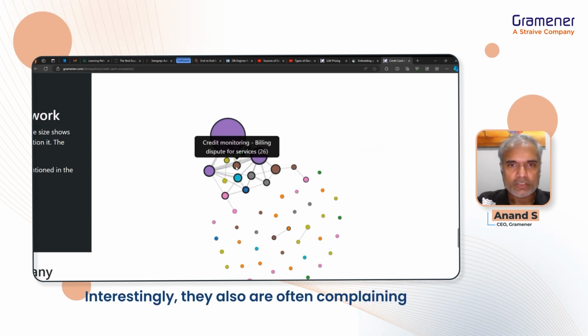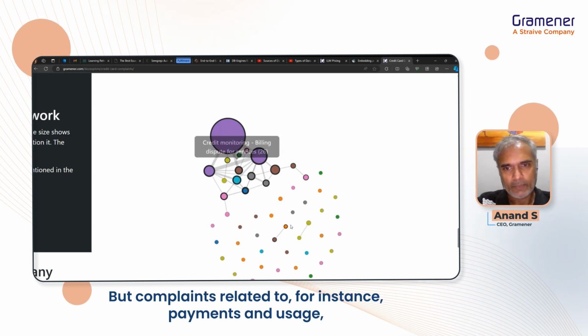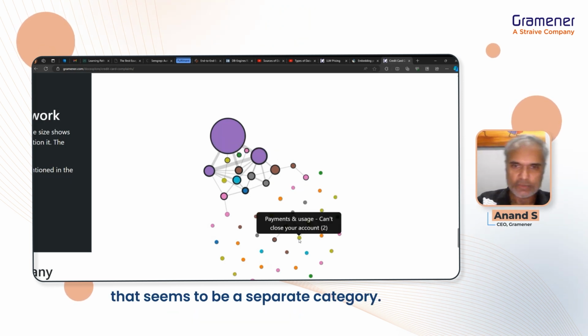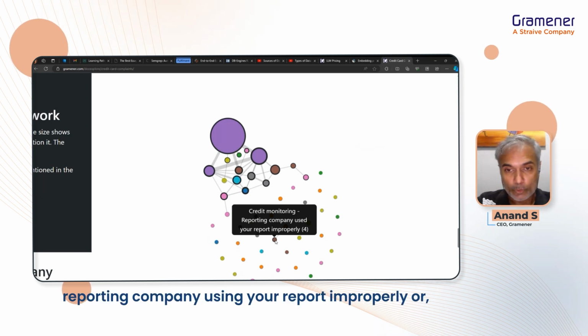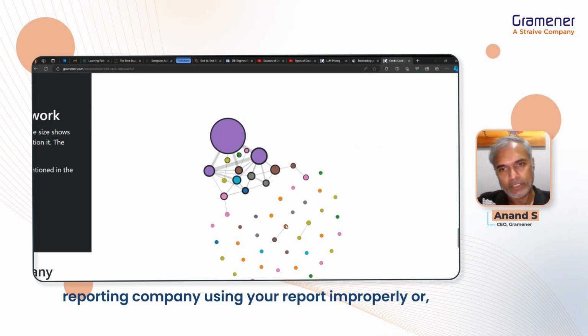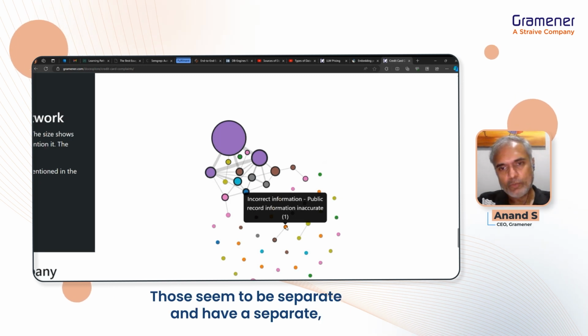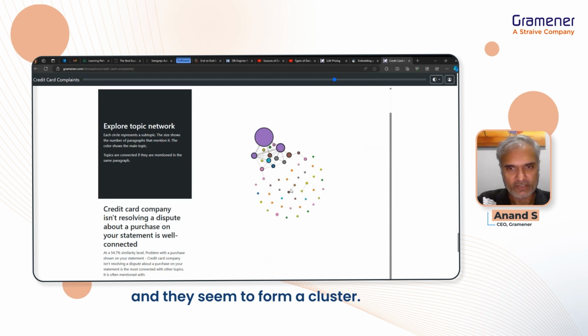Interestingly, they also are often complaining about billing dispute and services. But complaints related to, for instance, payments and usage, that seems to be a separate category. Complaints related to reporting company using your report improperly or inaccurate information, those seem to be separate, and they seem to form a cluster.